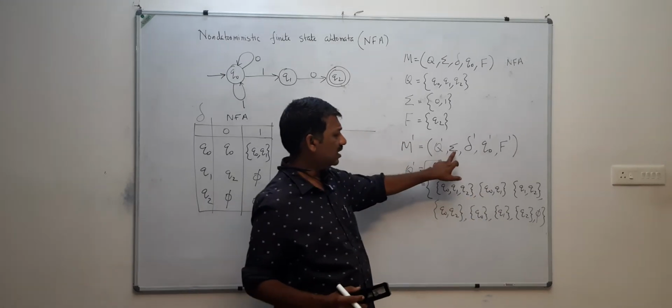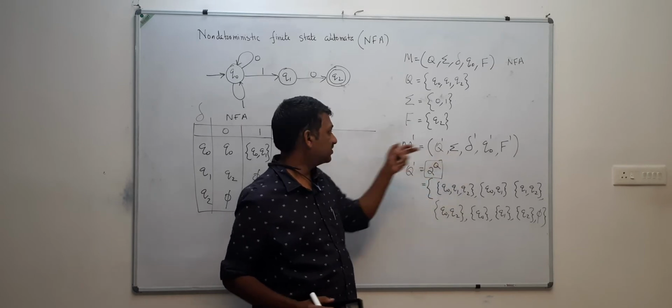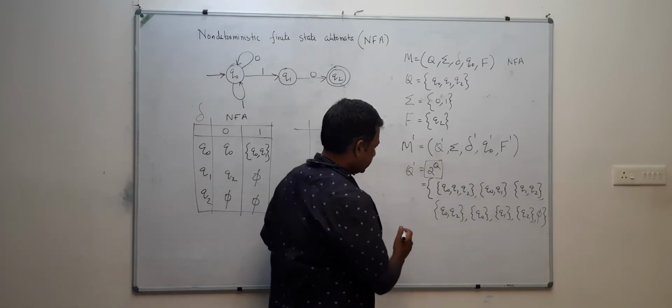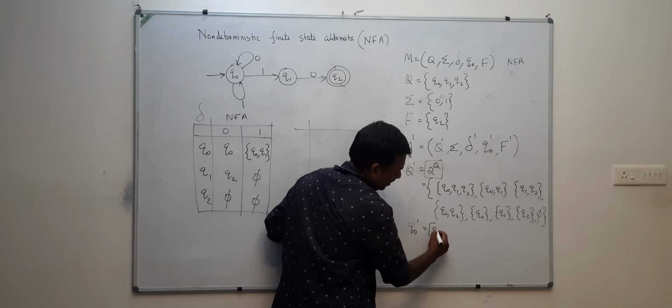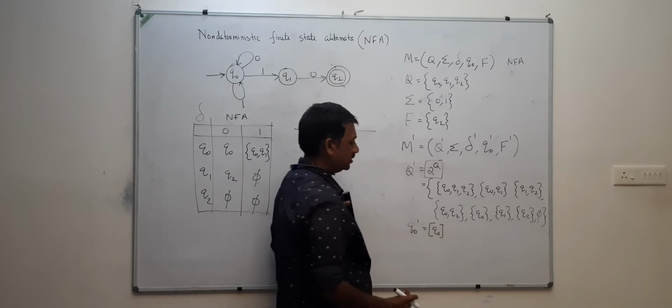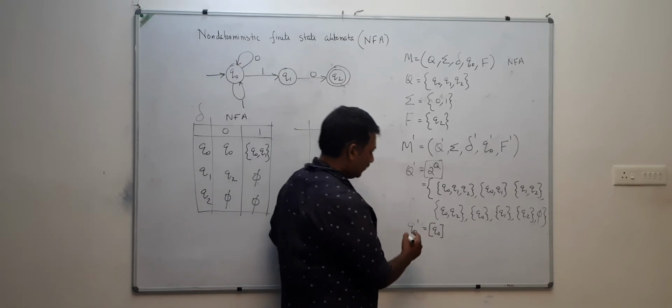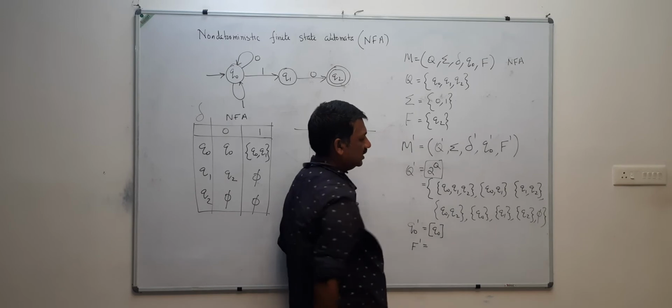And sigma is the input alphabet. Delta dash is the transition function that we are going to define here, and q0 dash, the new start state, is represented by [q0] within square brackets. And F dash is the new set of final states.